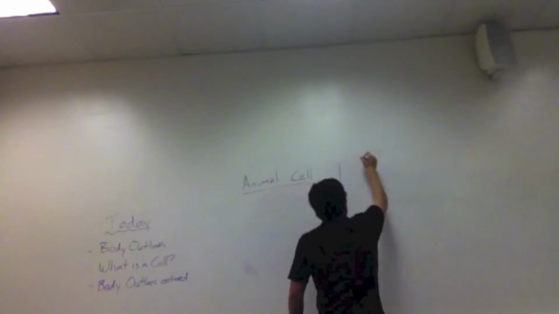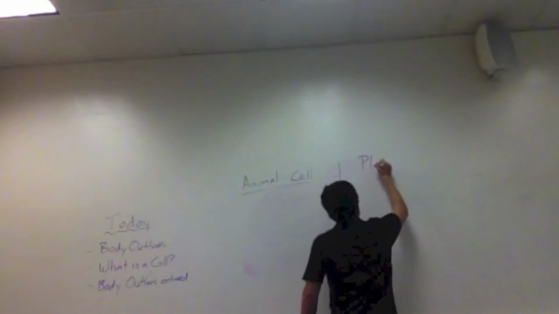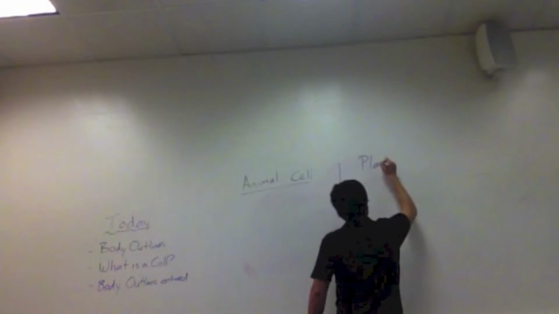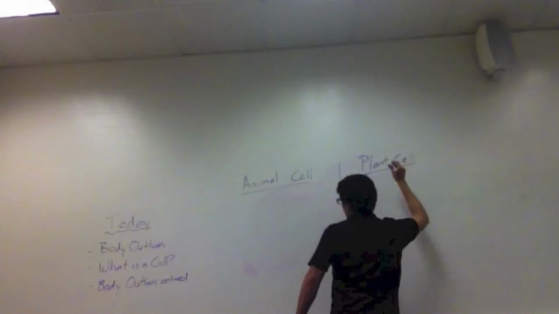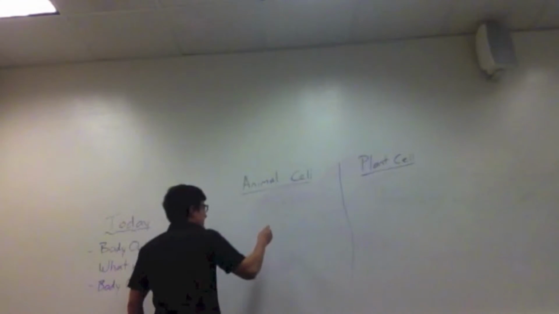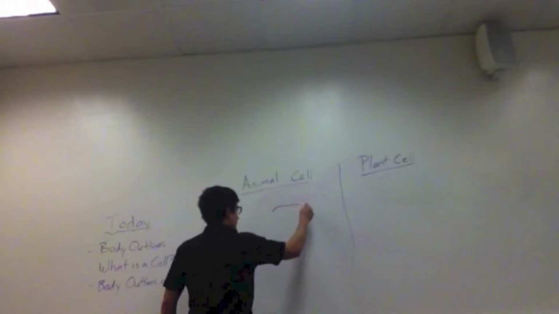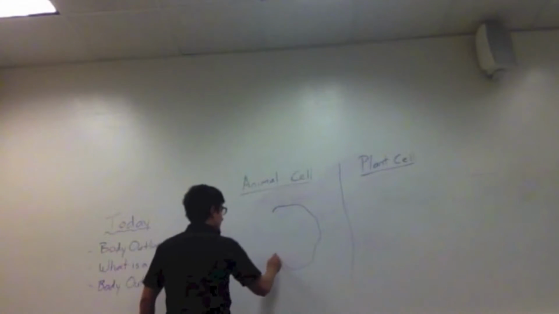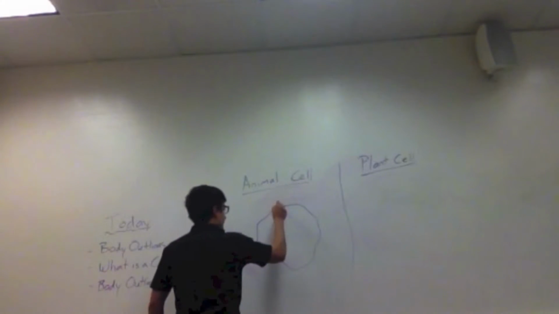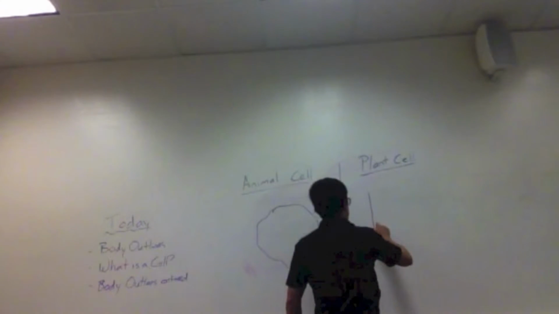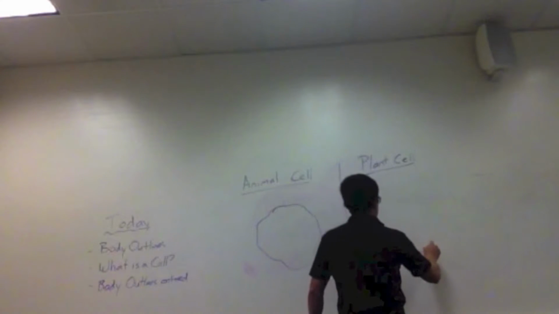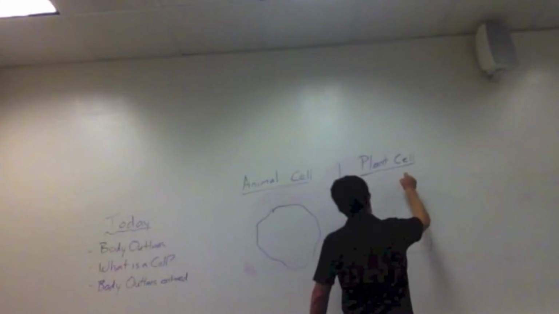Okay, so animal cells, they're not really a set shape. And a plant cell is a bit more rigid and more structured.